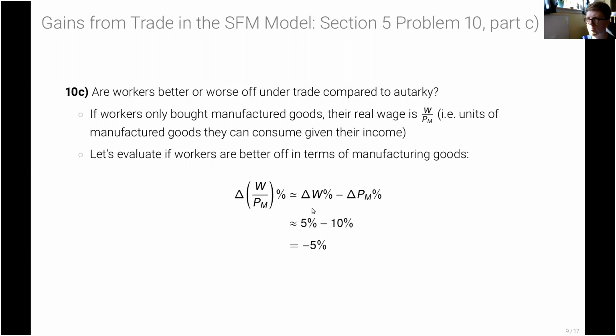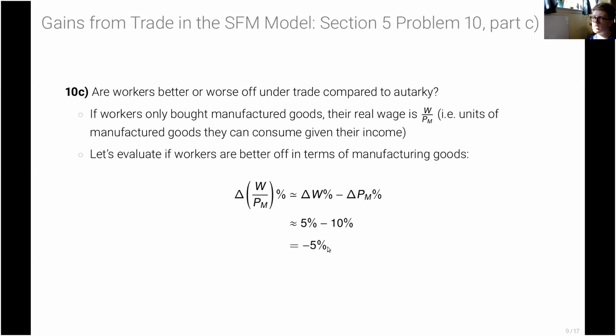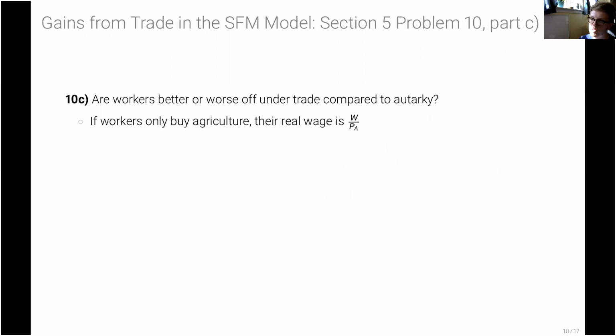We know from before that W has increased by 5% and PM has increased by 10%. And so taking these changes put together, the total change in W over PM is going to be -5%. And so what does that tell us? That tells us that workers in Japan, when they open up to trade, can now consume fewer manufactured goods if they only wanted to spend their income on manufacturing goods.